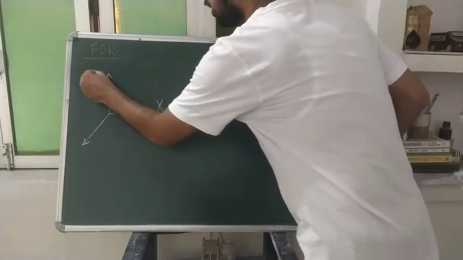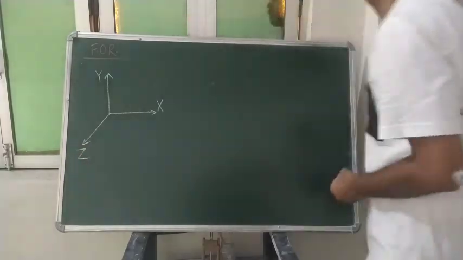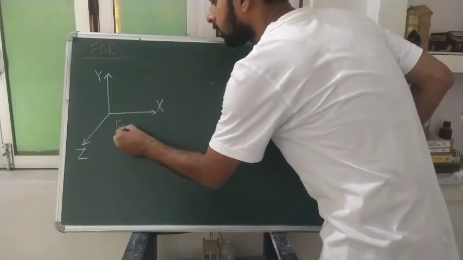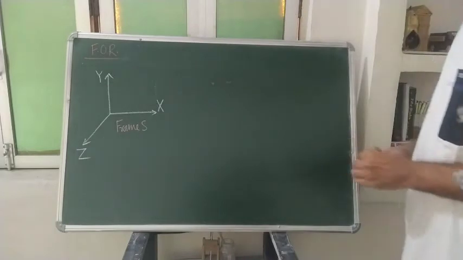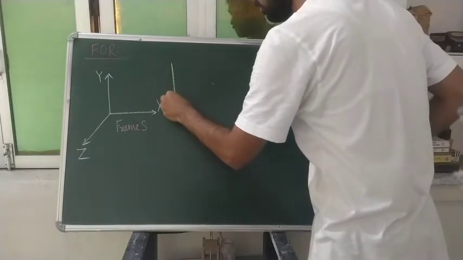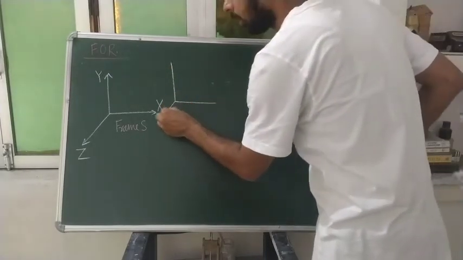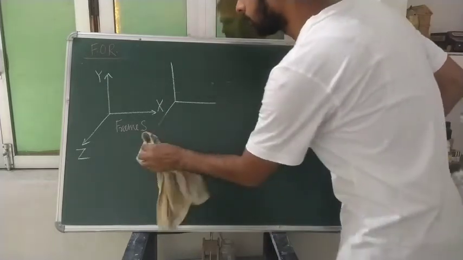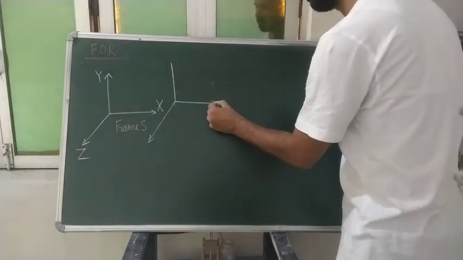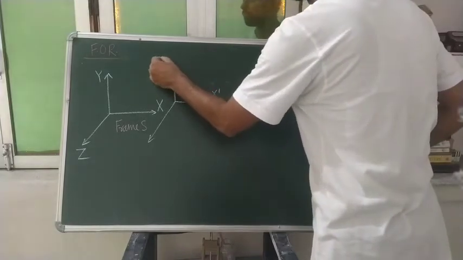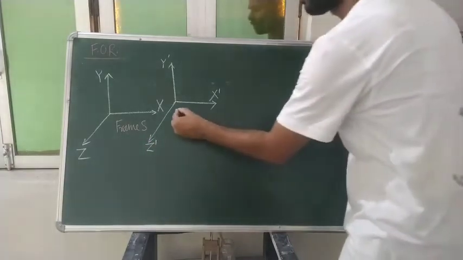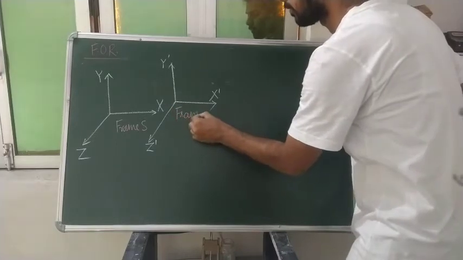So our x coordinate, y coordinate and z coordinate, calling as frame S, and another coordinate we are considering as this x prime, y prime and z prime, calling as frame S prime.